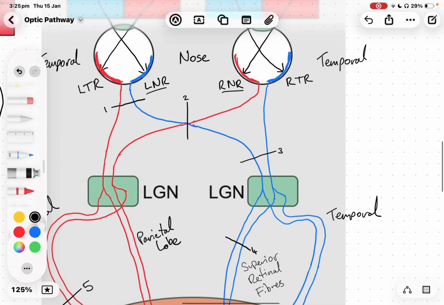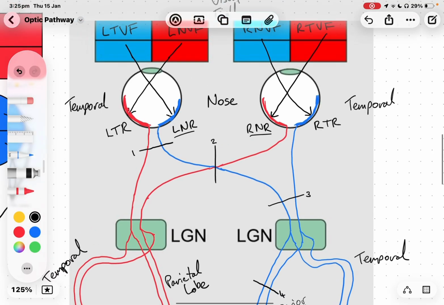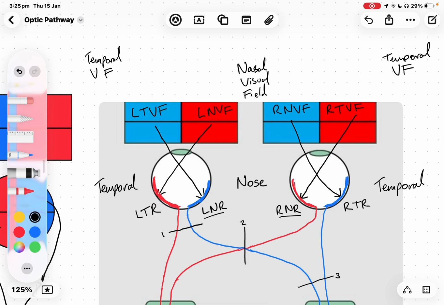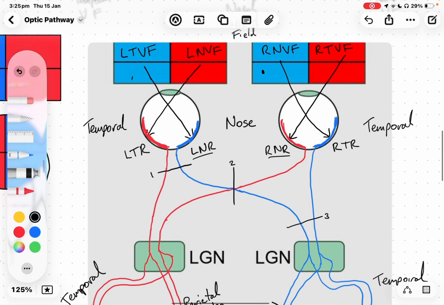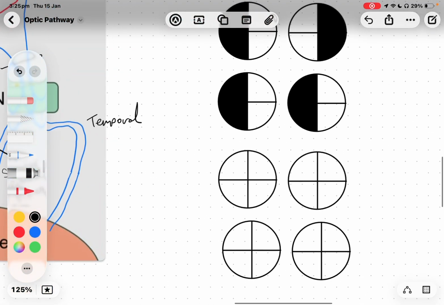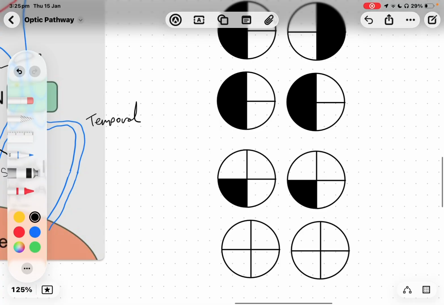The reason why I like to do the colors this way is because now my job's even easier, because I can just look at this and go, right, well, it's going to be the inferior portion of whatever the blue is. And so I look up here, it's going to be the inferior portion of whatever the blue is, which is going to be this one and this one. So it's going to be left temporal visual field and right nasal visual field, specifically just the inferior portion because it's the right retina.